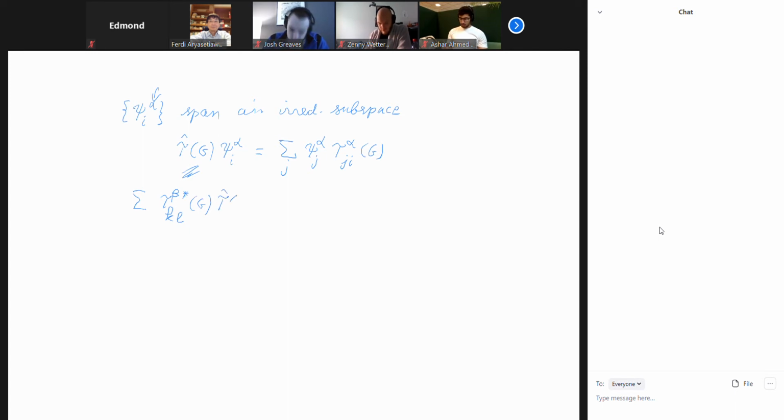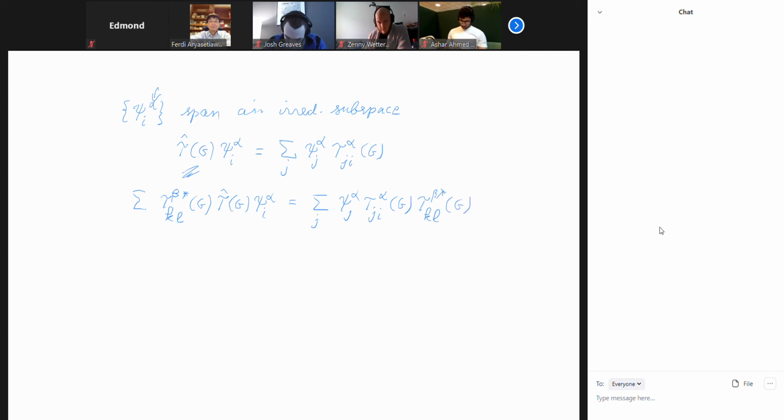So I multiply both sides of the equations. These are just numbers, so I can put it here, KL like that, for a given G also.